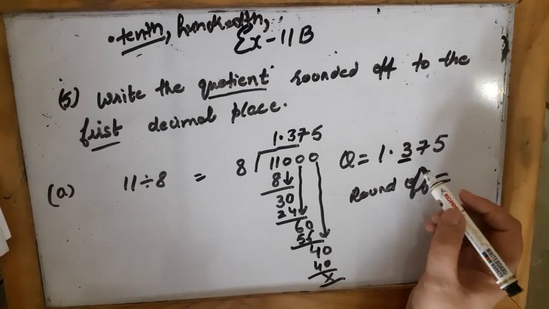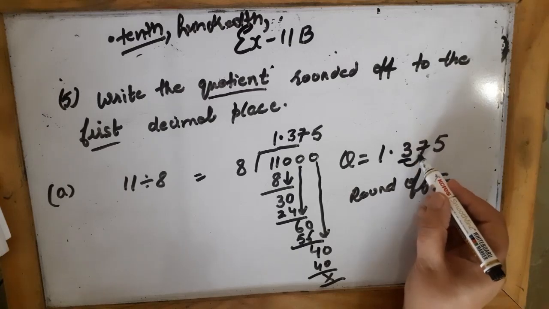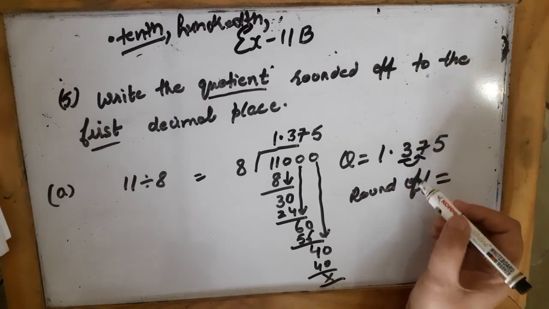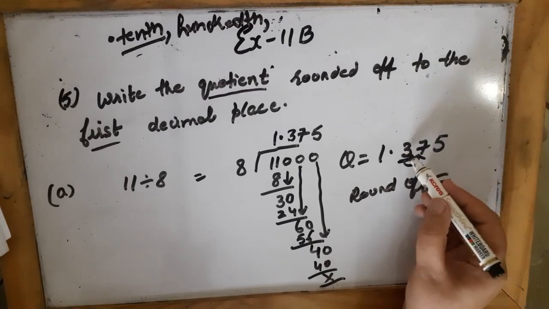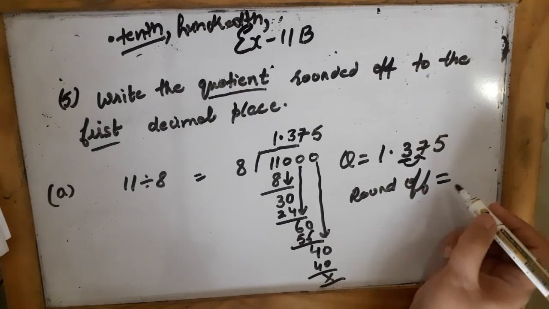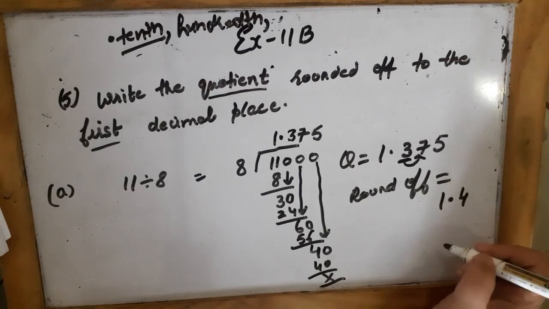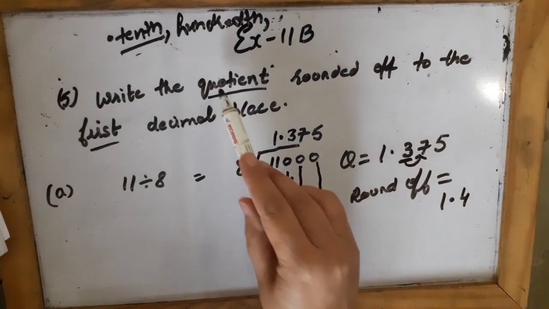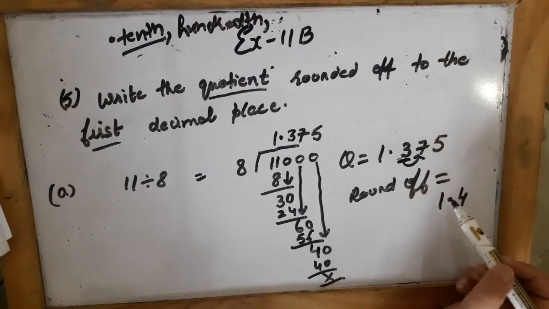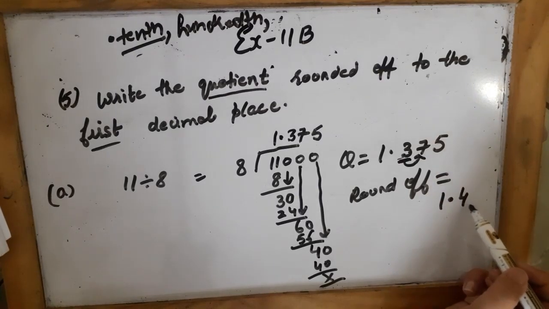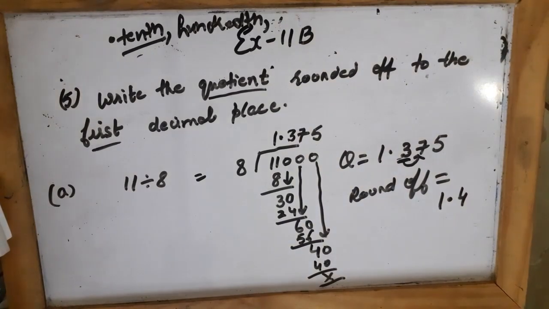I will look to the right of the first decimal place, which is 7, more than 5. So it means 3 will become 4. So what will be my answer? It will be 1.4. So I have rounded off the quotient to the first decimal place.